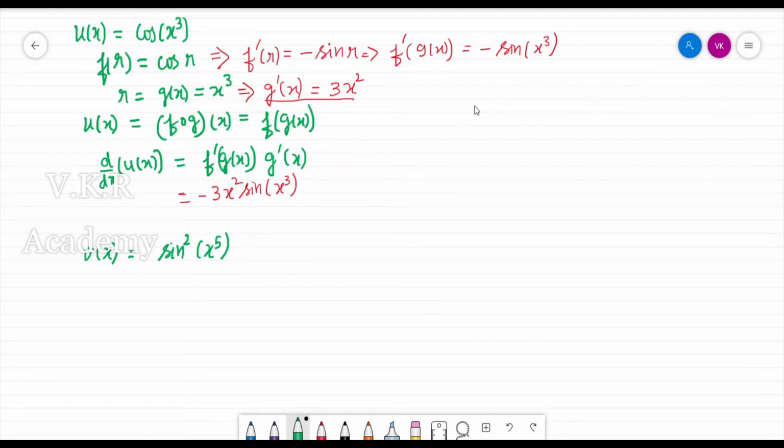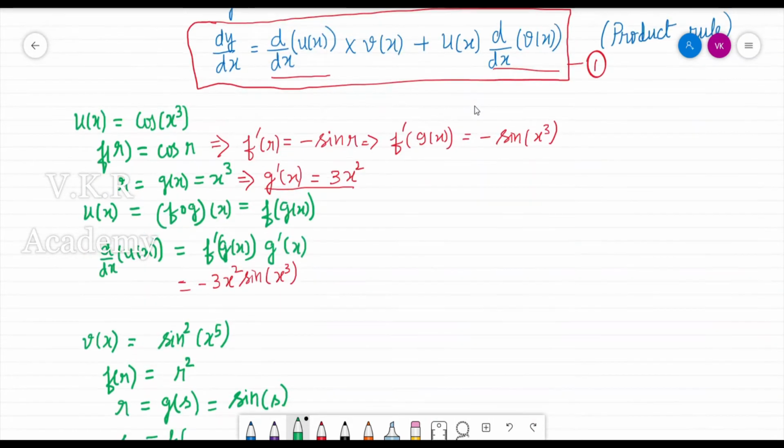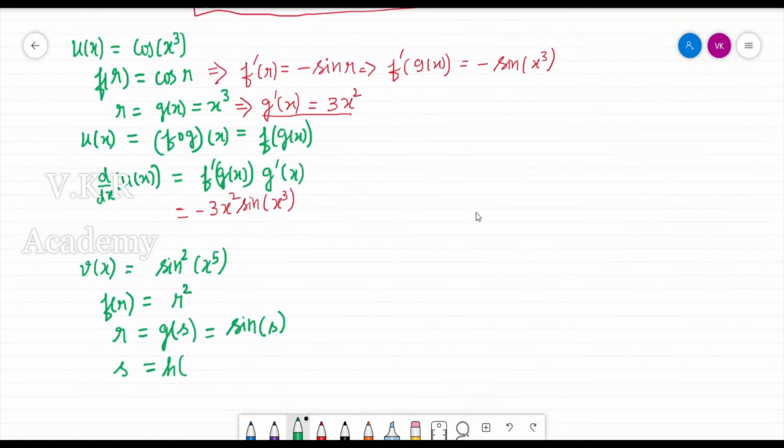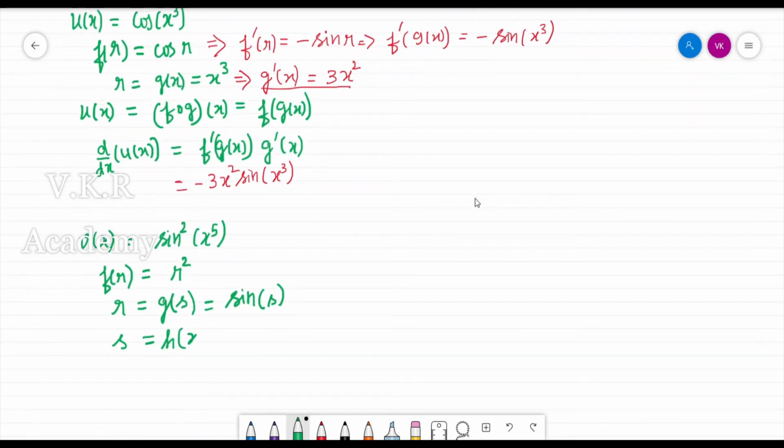So let's make appropriate assumptions. f of r equal to r squared, where r is equal to g of s, that is equal to sine s, where s is equal to h of x, that is equal to x power 5.